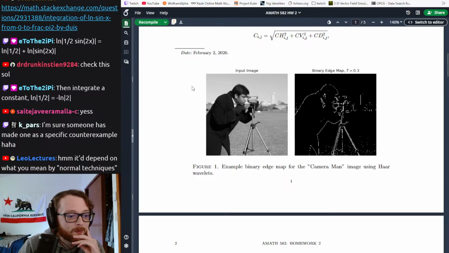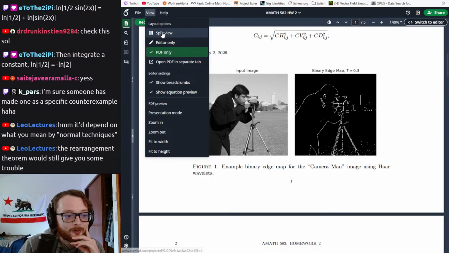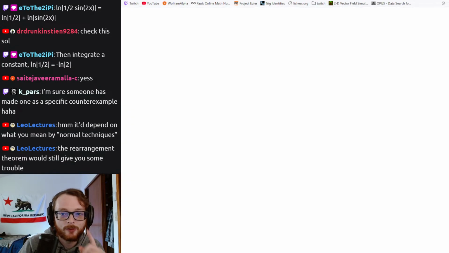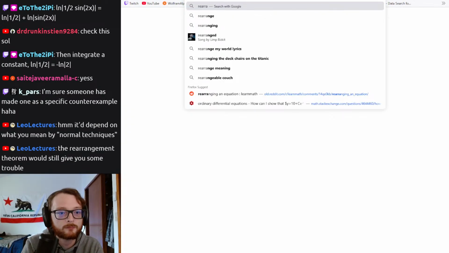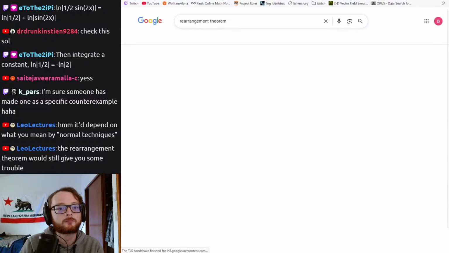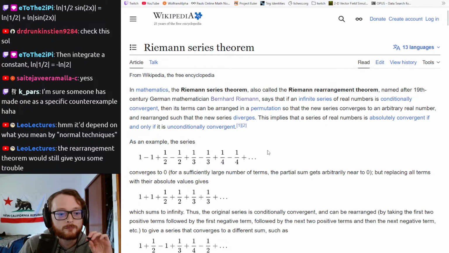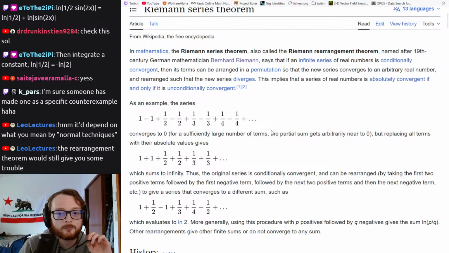So is there a specific counterexample? I guess so, probably. Depends what you mean by normal techniques. The rearrangement theorem would still give you some trouble. Rearrangement theorem? Oh, I didn't know this had a name.